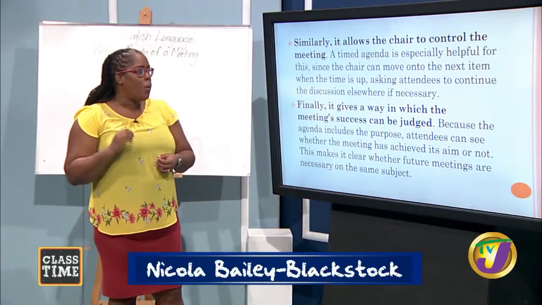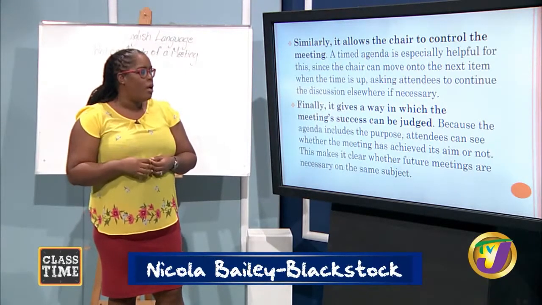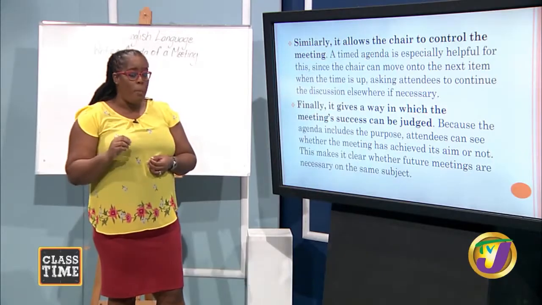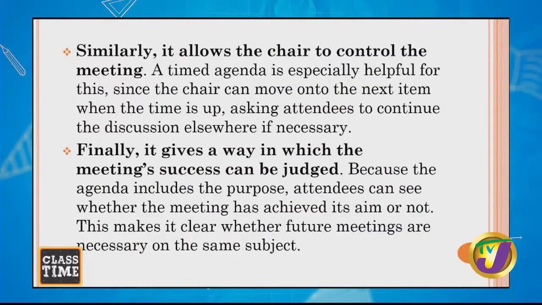Finally, it gives a way in which the meeting's success can be judged. Because the agenda includes the purpose, attendees can see whether the meeting has achieved its aim or not. This makes it clear whether future meetings are necessary on the same subject.